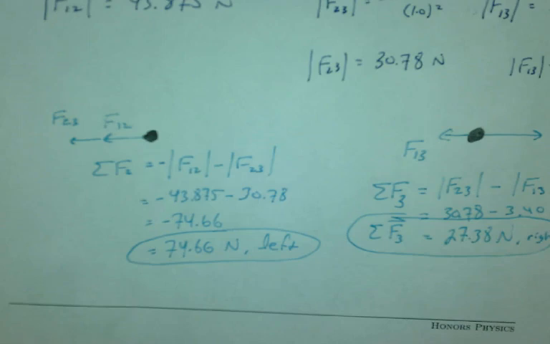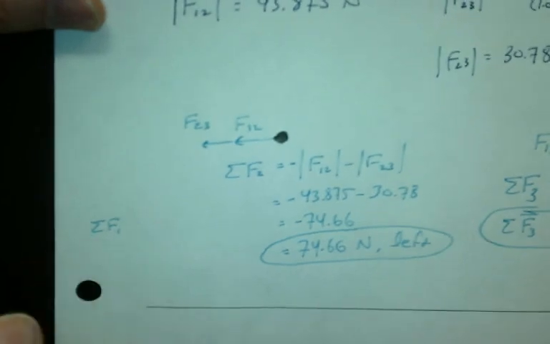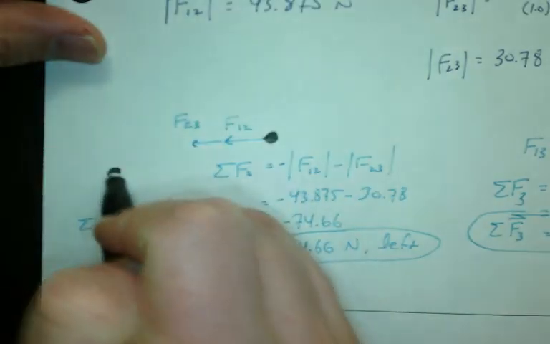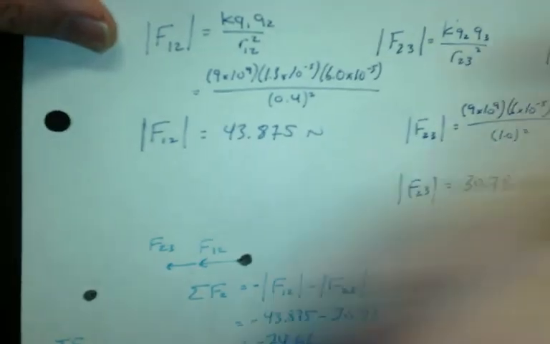All right, and then let's do this last one here. So if you look at this last one, let's look at which forces are acting on Q1. So I'm going to draw my free body diagram here for Q1. F12 is pulling Q1.